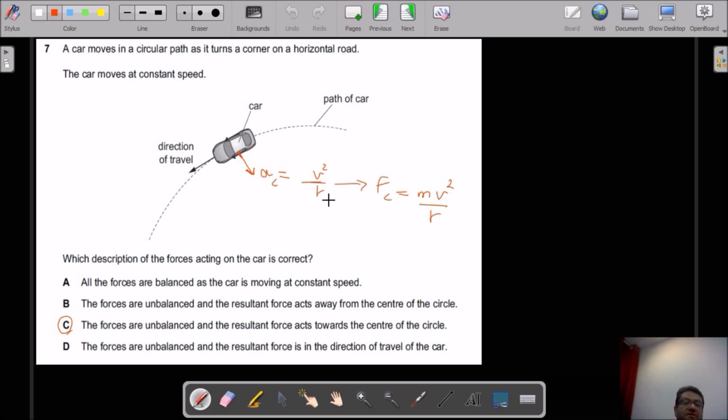R is the radius of this curve, and then centripetal force will be mv squared divided by r. So in circular motion, even when speed is constant, there is an acceleration which is called centripetal acceleration.